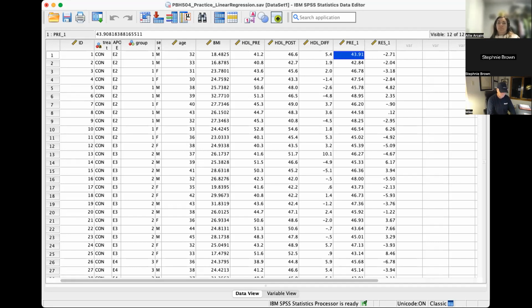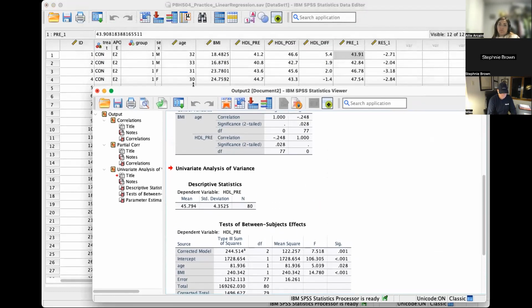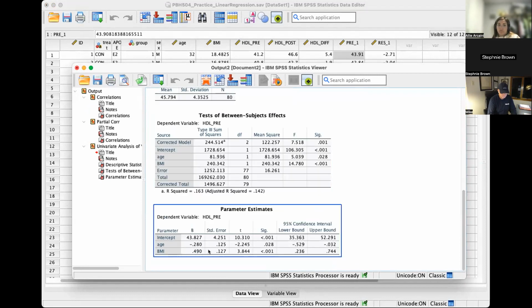Of course I minimized that, let me get that back. Okay, so you can see the output again. All right, good. Let me retype that equation. There we go.